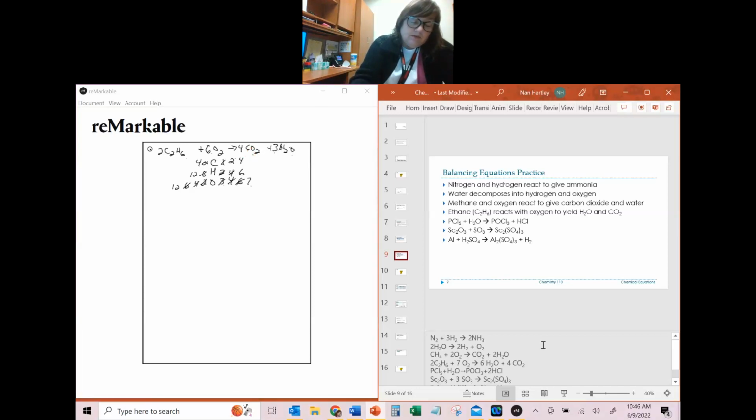Oh, and I need to multiply this by 2. So I now have 8 and 6 are 14 hydrogens, which is no longer balanced. This is one of the ones that when I was a student I would have killed myself over.